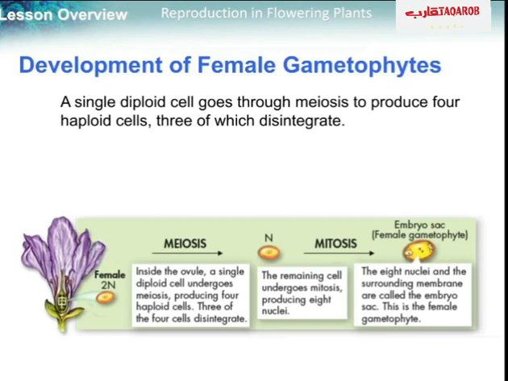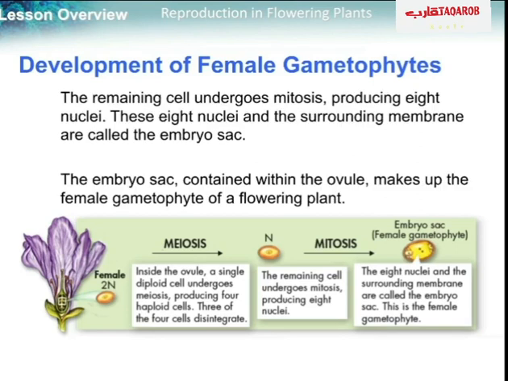A single diploid cell goes through meiosis to produce 4 haploid cells. Three of them disintegrate, and there is still 1 haploid cell. This haploid cell undergoes mitosis, producing 8 nuclei. These 8 nuclei and the surrounding membranes are called the embryo sac.